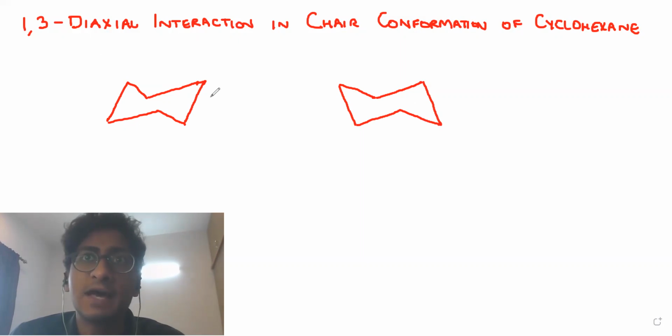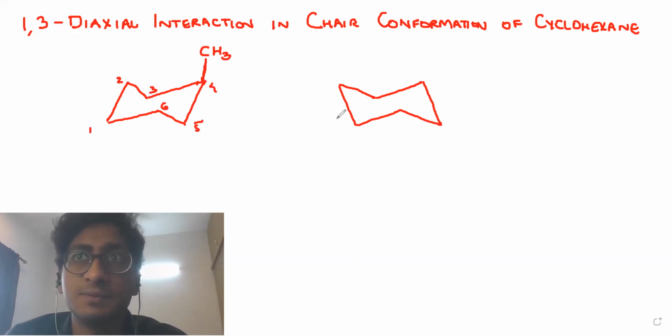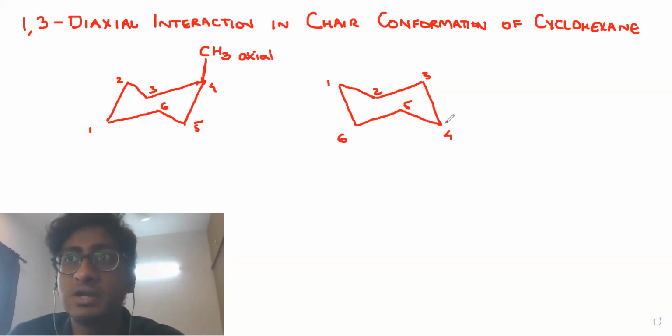Now, for example, if we have a methyl group on carbon 4, as I've numbered in this left structure, and we were to draw its equivalent chair conformation in the other form, the axial methyl group becomes the equatorial position.